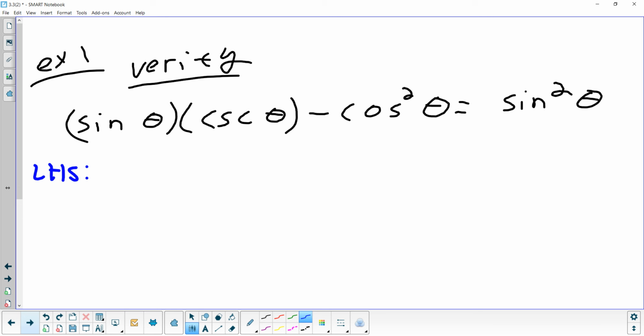Just try one of the 3 tricks I taught you and see what happens. Yep? Change cosecant to 1 over sine. Yeah, let's change cosecant to 1 over sine. So we have sine. I'm just going to keep that with the denominator of 1. Cosecant is 1 over sine. And let's keep the cosine squared the same.